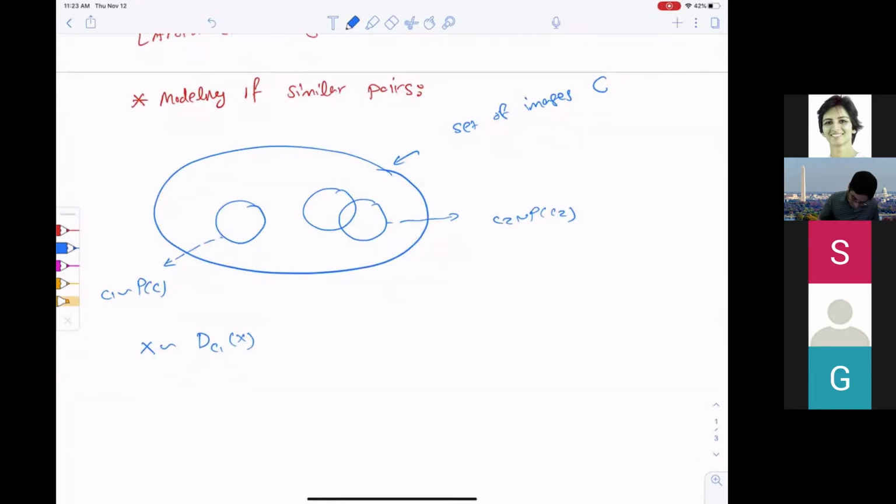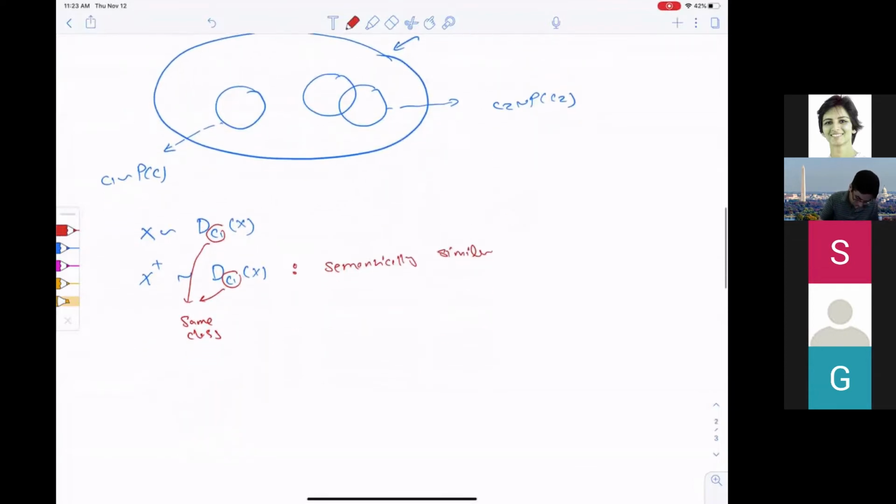Now for my similar image, X plus, I'm going to draw an image from the same class. So these are same classes. In other words, this is going to be semantically similar to the original image.